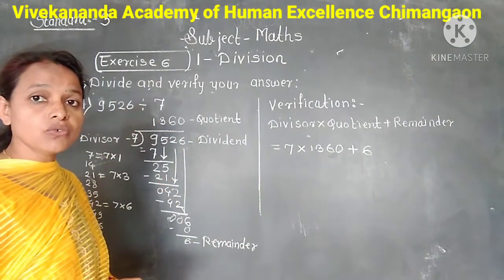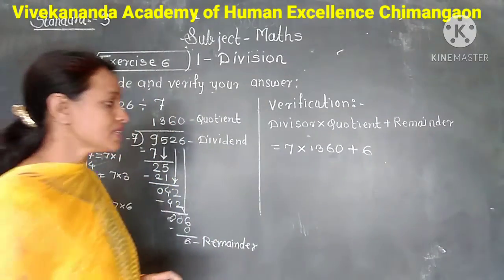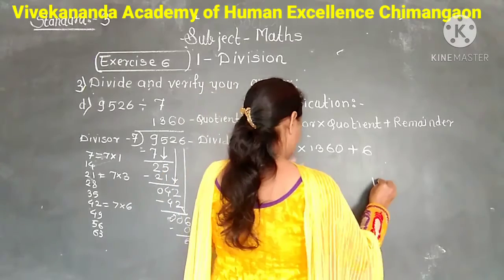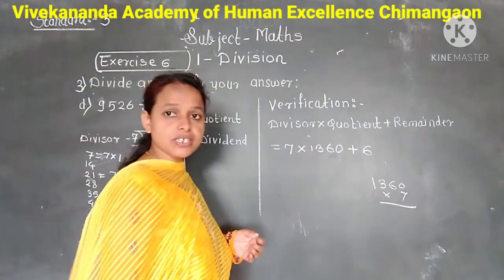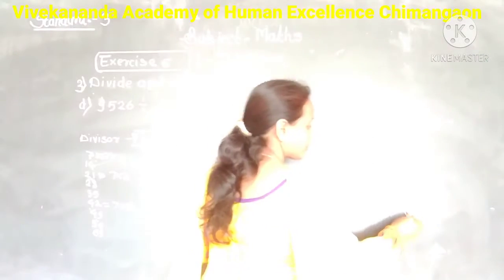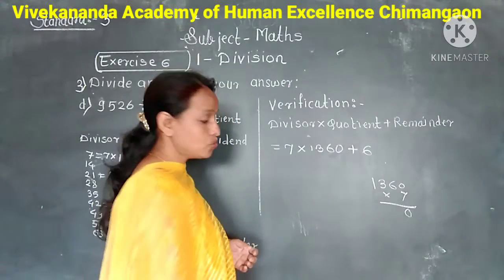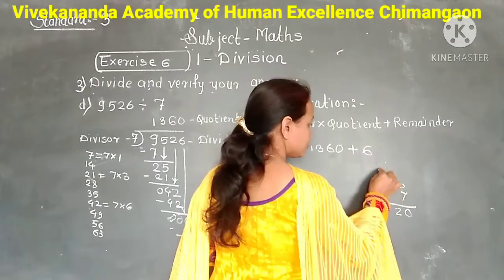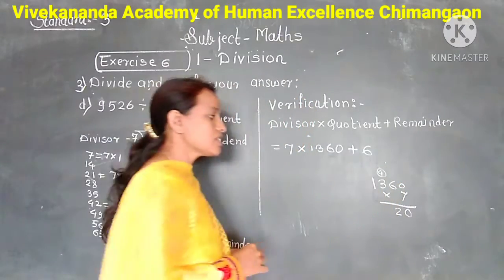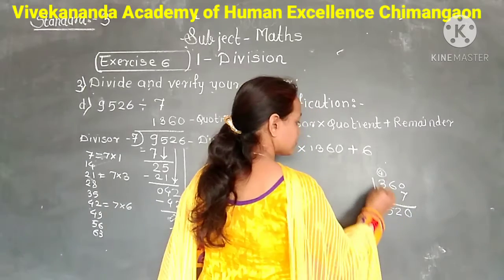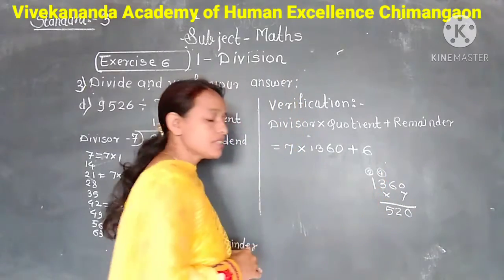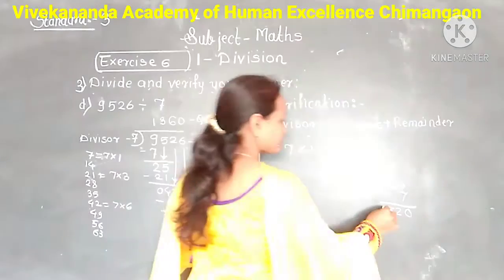Now we multiply 1360 by 7. 7 zeros are 0. 7 6s are 42. 2 carry over 4. 7 3s are 21. 21 plus 4, 25. 7 1s are 7 plus 2, 9.